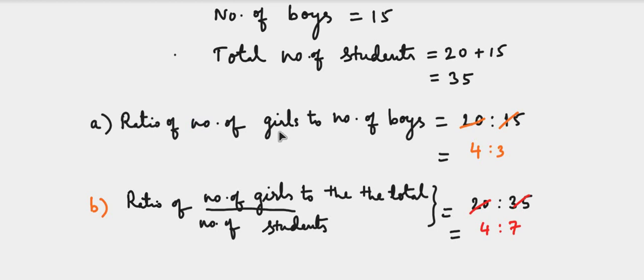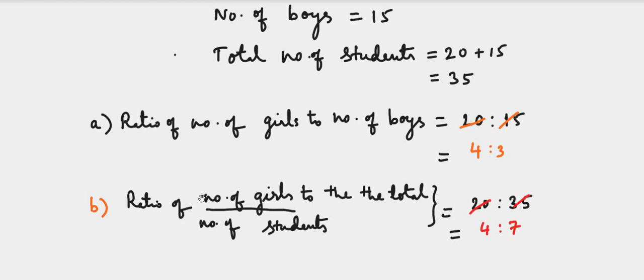While writing ratio, you have to write in order. First they ask girls, so you have to mention number of girls. After that, number of boys. So 20 is to 15. If you simplify, if you convert into lowest terms, 5 table is possible. So 4 is to 3.